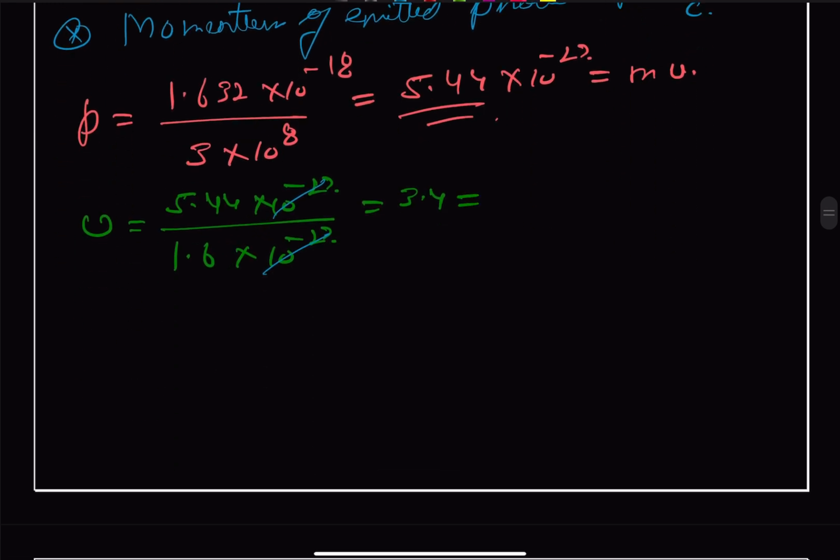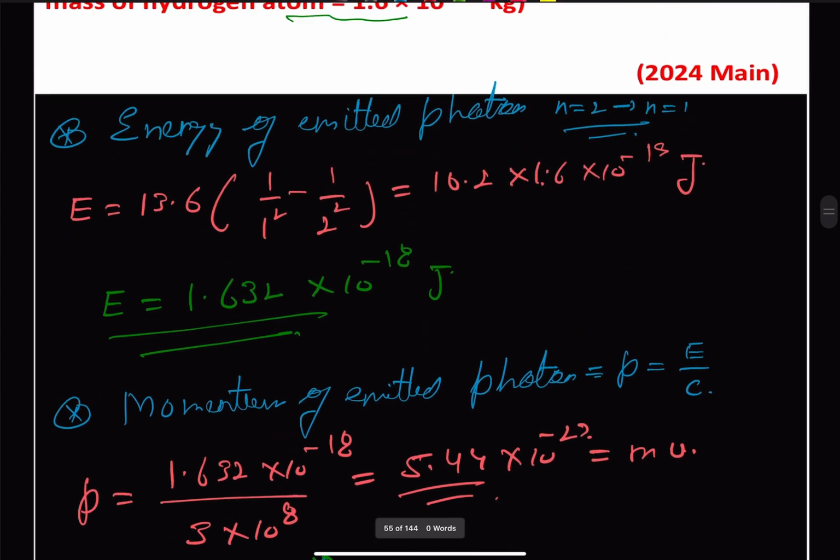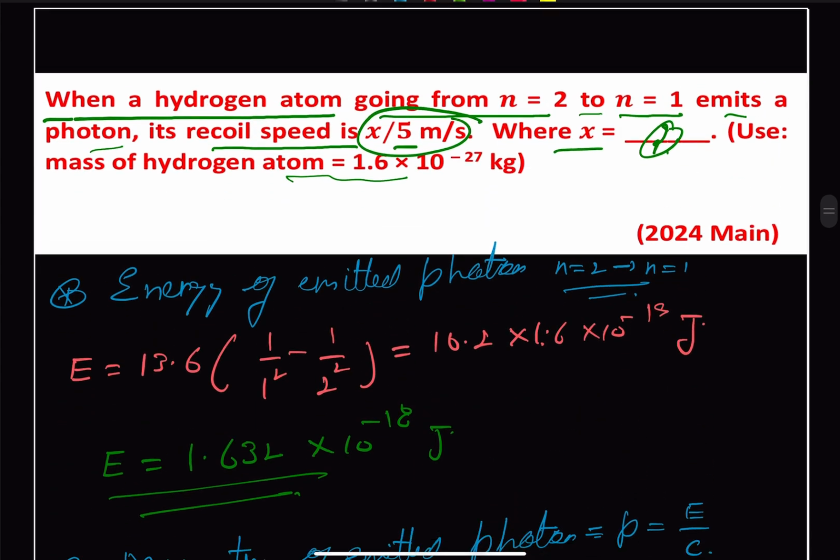So this is equal to x upon 5. From here we get x is equal to 3.4 times 5, which gives x equal to 17. So the value of x is 17.